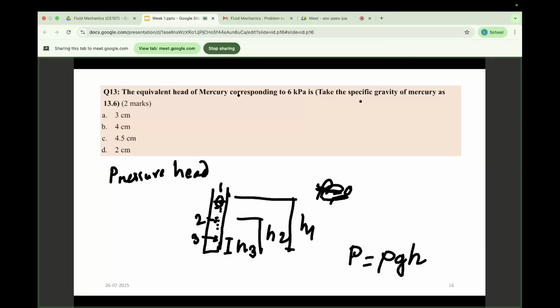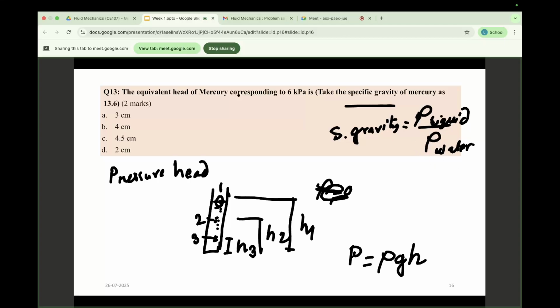What is specific gravity? Specific gravity equals the density of the liquid divided by the density of water.